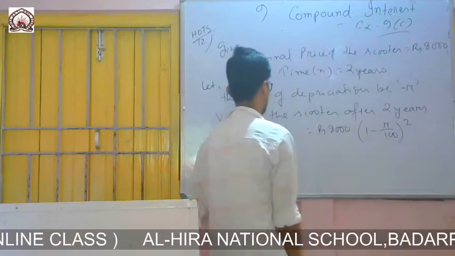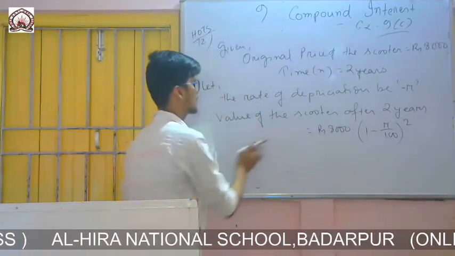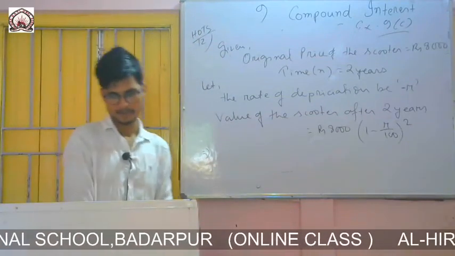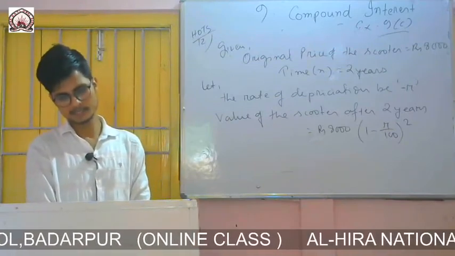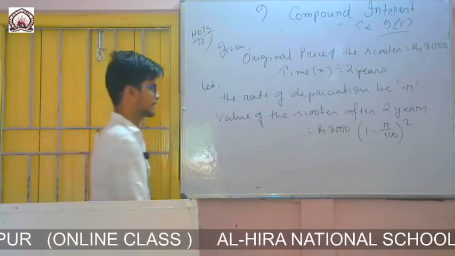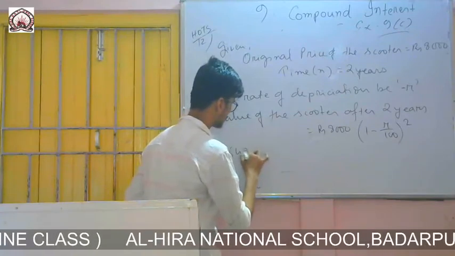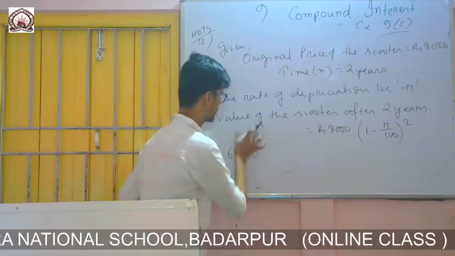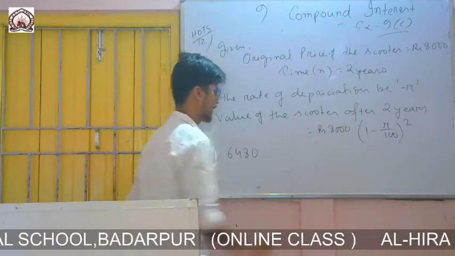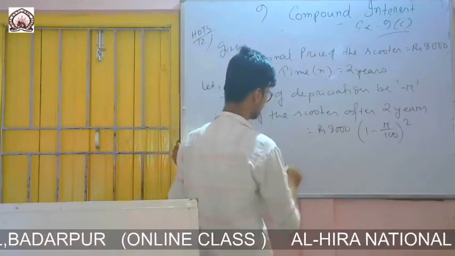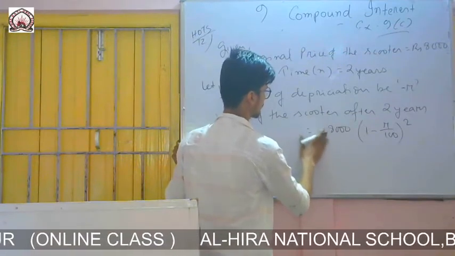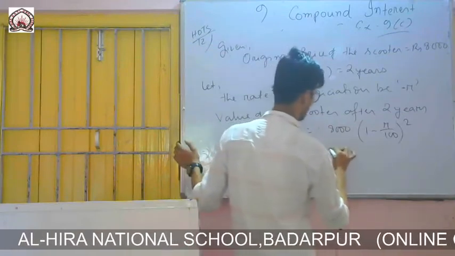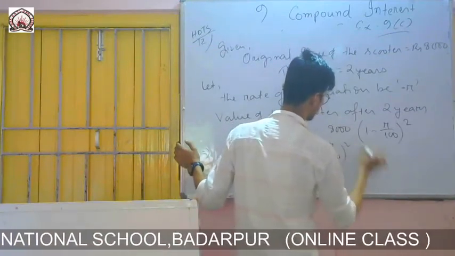We don't know the rate. But in the question it is given that the value of the scooter after 2 years is 6480. So you write 6480, and on that side you write 8,000 and 1 minus R by 100 whole thing square.